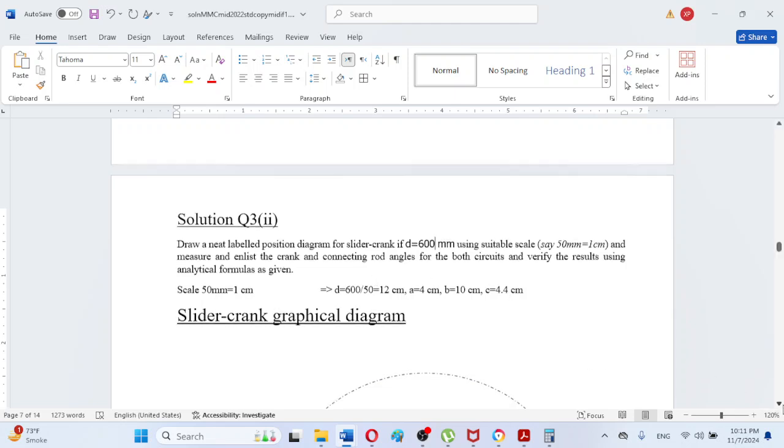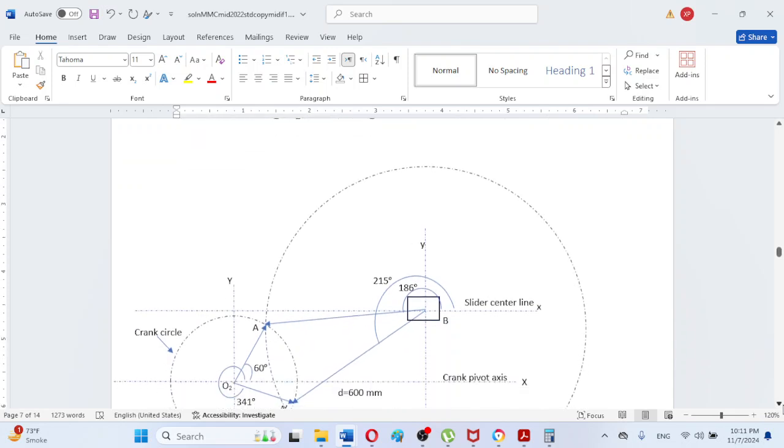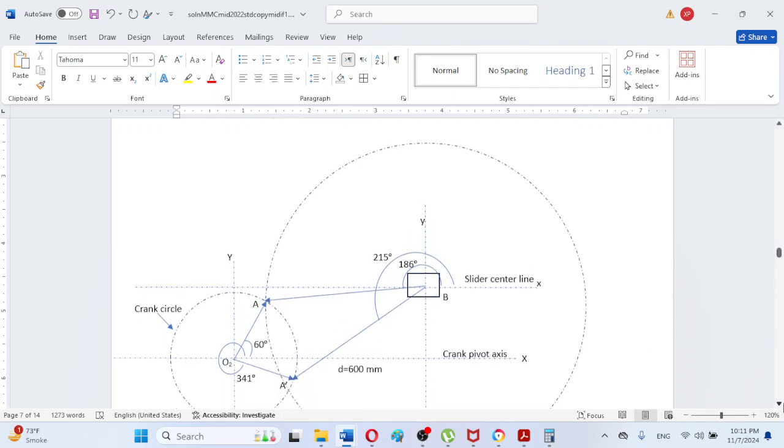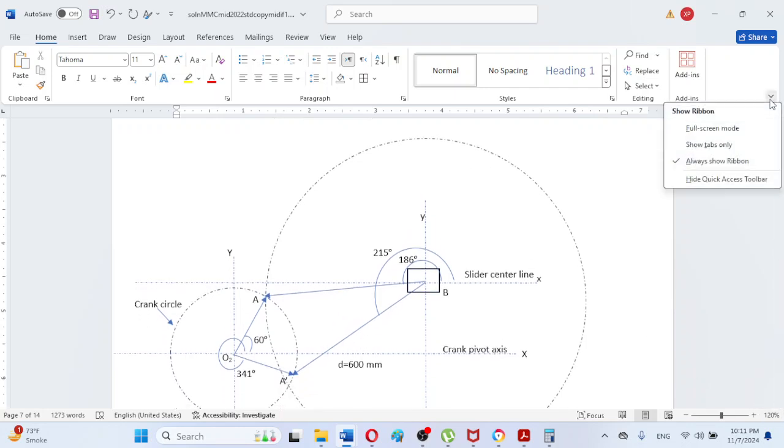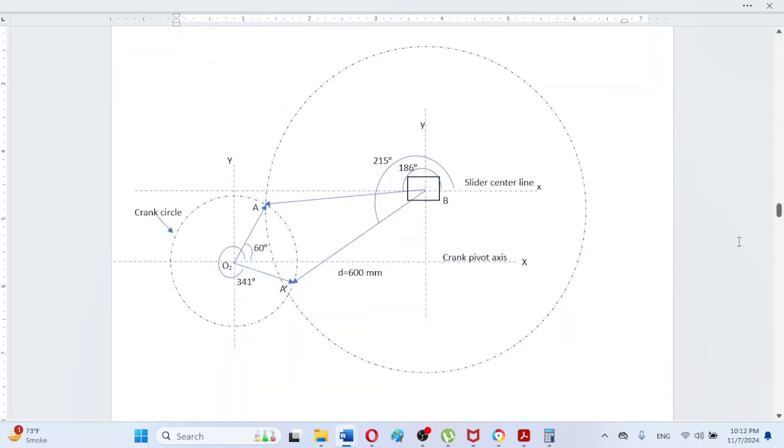Here is shown the diagram which has been drawn in Microsoft Word, like the procedure already shown in many videos. It is a labeled diagram, and we can show here that these are the respective angles. This is theta 31, 186, and theta 32, for example, this is 215 degrees. These are graphical results.